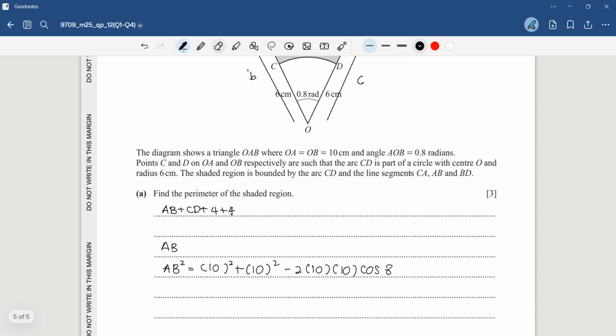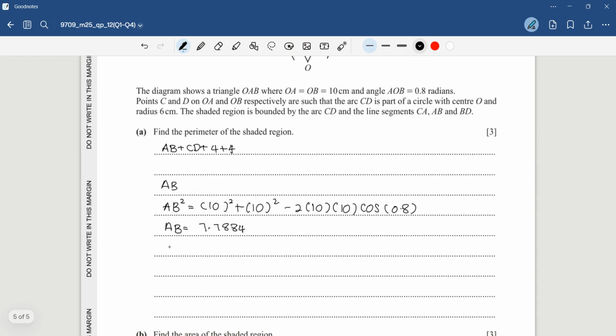Theta is 0.8, sorry, 0.8. So make sure when you press this in a calculator, your calculator is in radian mode. Therefore, your AB will be 7.7884.